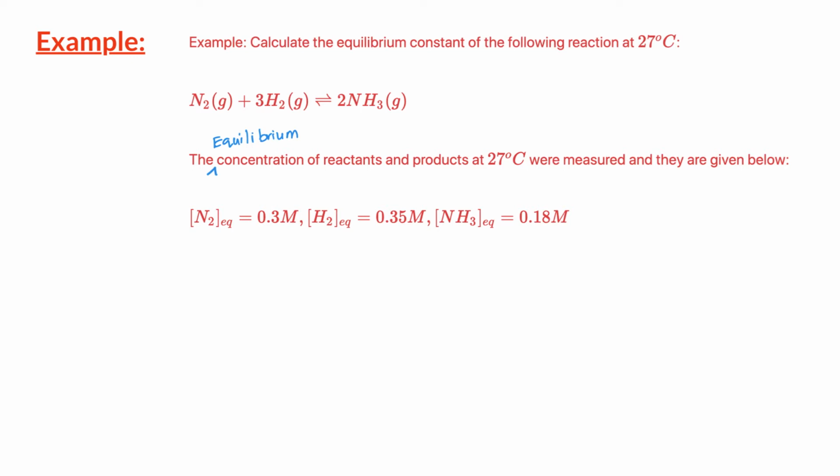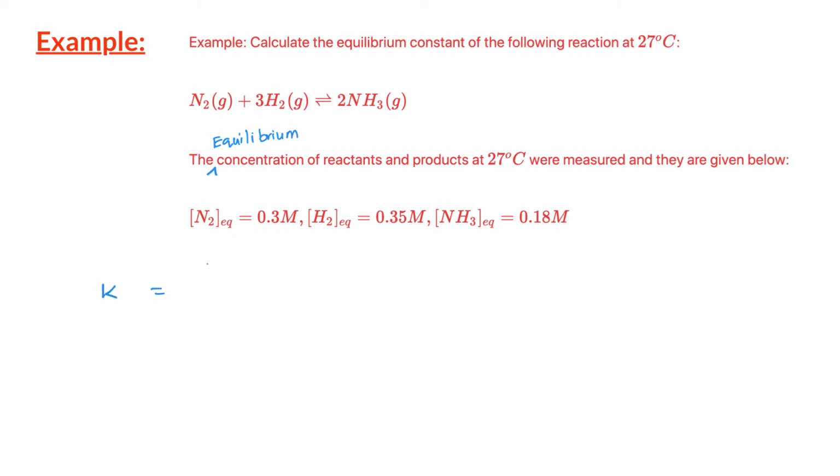First, let us write down the equilibrium constant expression or law of mass action from the balanced chemical equation. Equilibrium constant for a chemical reaction is equal to the equilibrium concentration of products raised to the power of its stoichiometric coefficients divided by the equilibrium concentration of reactants raised to the power of its stoichiometric coefficients.